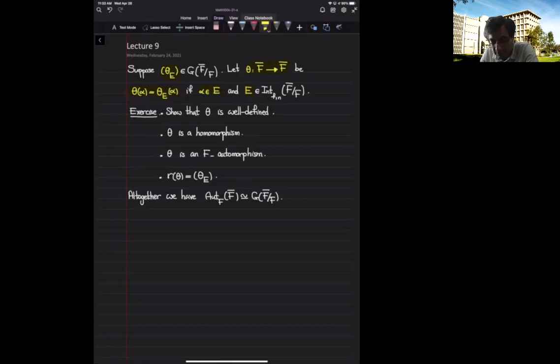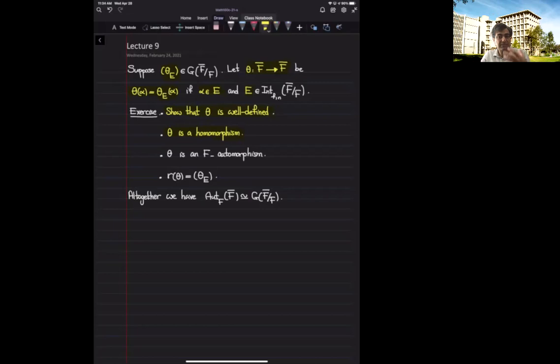I need to show that theta is well defined, but that one should be okay because we know these theta sub E's are compatible with each other. So that can help us to show that theta is well defined. As soon as we show it's well defined, it is easy to show that it is a homomorphism, because if I give you alpha and beta inside F bar, then I can find a finite normal extension that contains both alpha and beta.